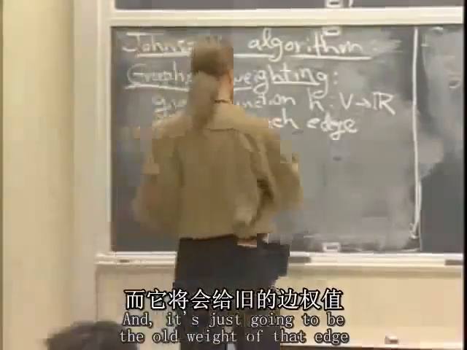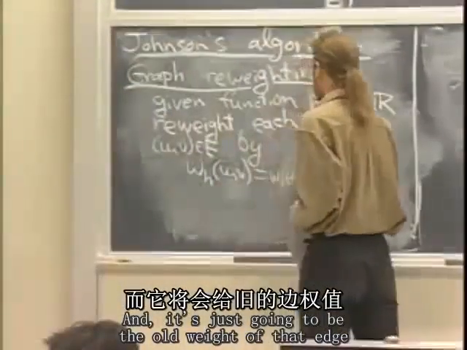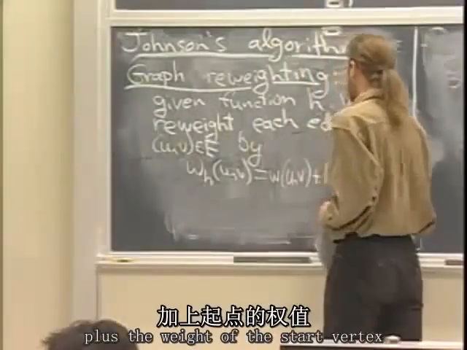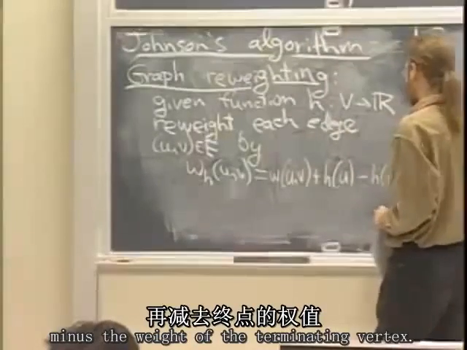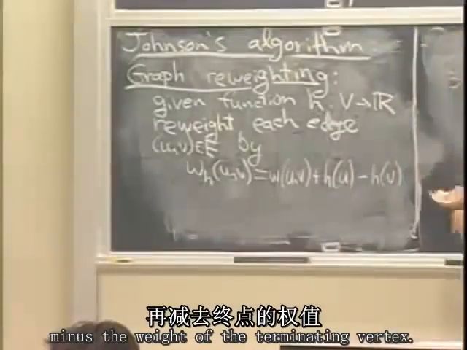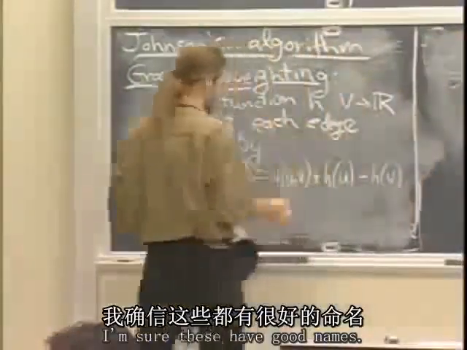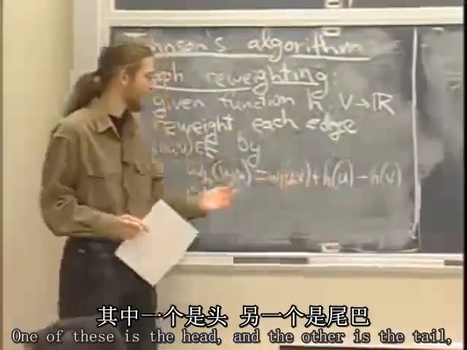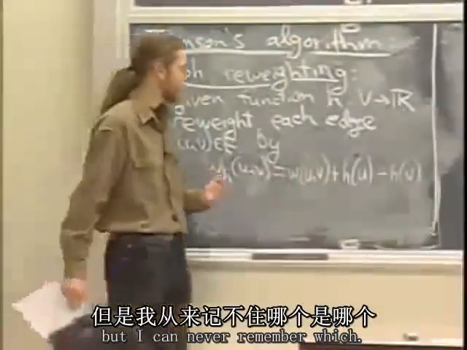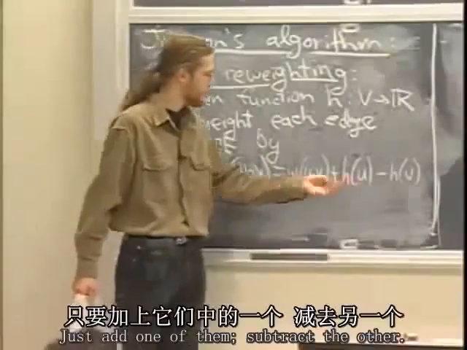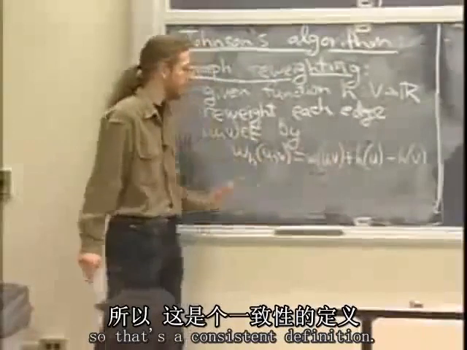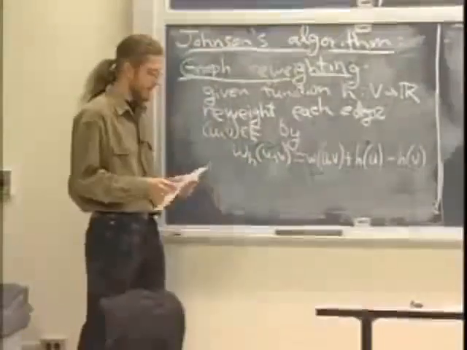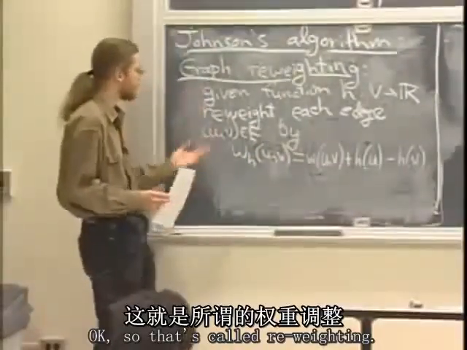And it's just going to be the old weight of that edge plus the weight of the start vertex minus the weight of the terminating vertex. I'm sure these have good names. One of these is the head and the other is the tail, but I can never remember which. Okay, so we've directed edge UV, just add one of them, subtract the other. And it's a directed edge, so that's a consistent definition. Okay, so that's called reweighting.